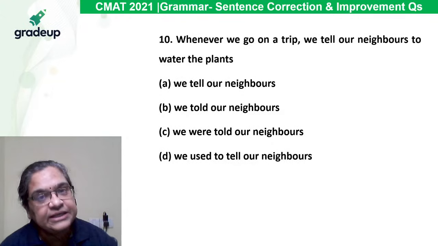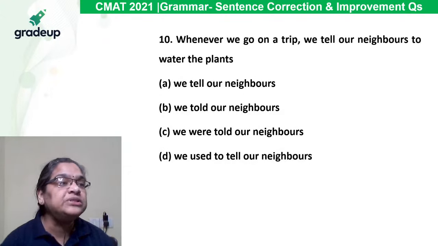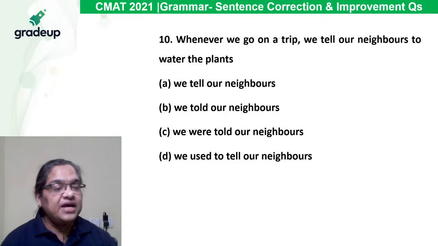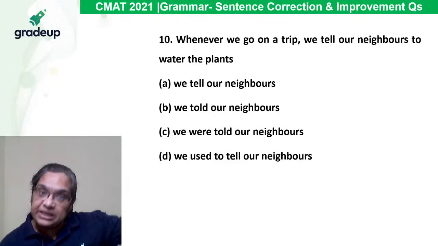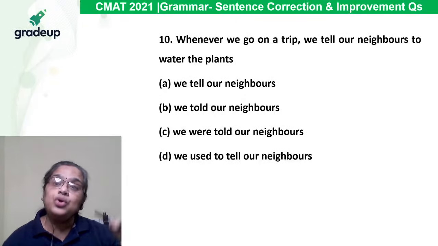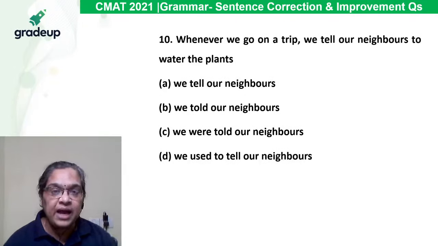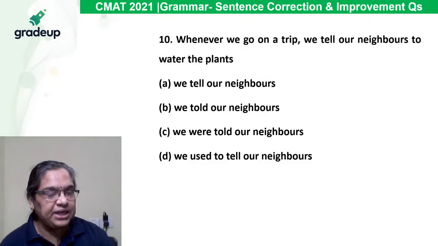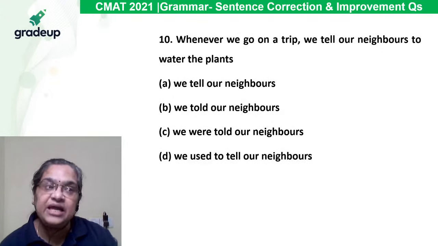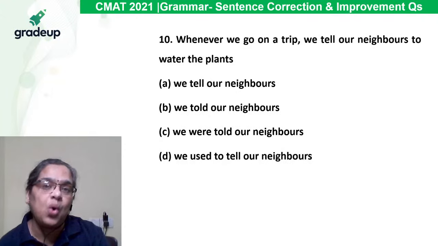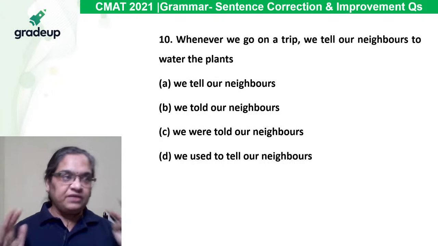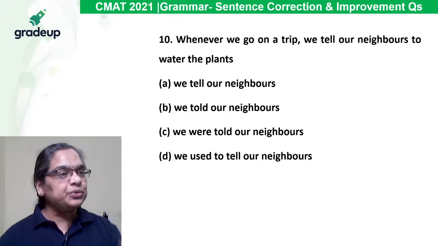The present tense. How do you celebrate your birthday is different from how did you celebrate last birthday. How do you celebrate your birthday? I get up early, I do this, I invite my friends, we go out. So whenever you're talking of something you do on a regular basis, you use simple present tense.